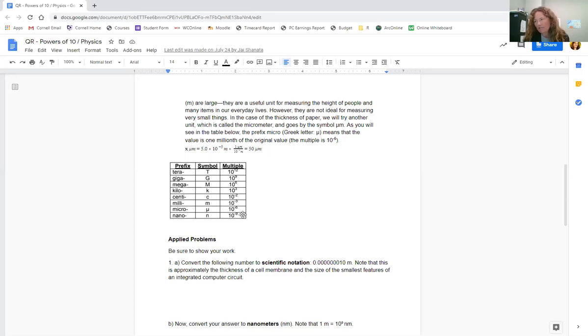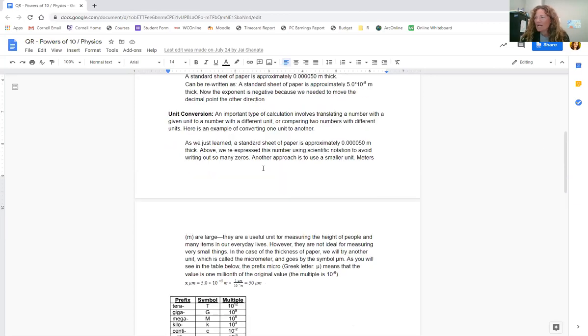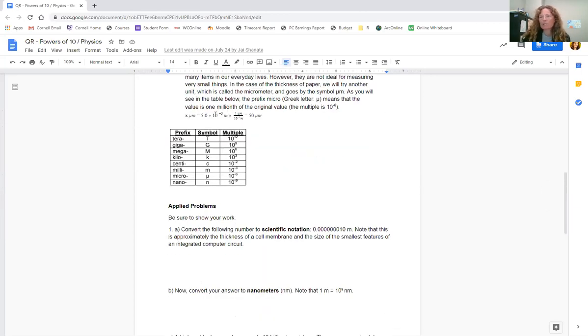You can see these have negative exponents for the units that I told you are small. That should make sense based on what we just talked about with scientific notation. Negative exponent means really small number. The positive exponents are large numbers. So it's 1/millionth of the original value, okay? So they already have done a job for us that I'm gonna assume that you can work through, because I skipped this one. And that is putting that number in scientific notation.